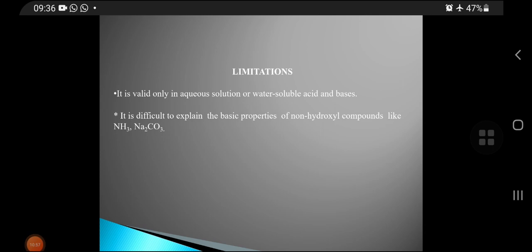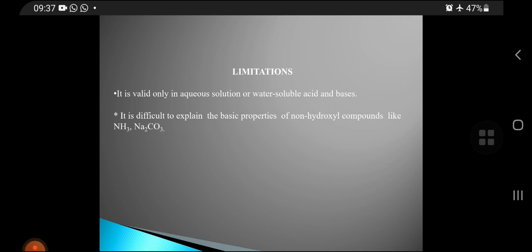The limitations of the Arrhenius acid base concept. It is valid only in aqueous solution or for water soluble acids and bases. In the second point, it is difficult to explain the basic properties of non-hydroxyl compounds like ammonia and sodium carbonate.